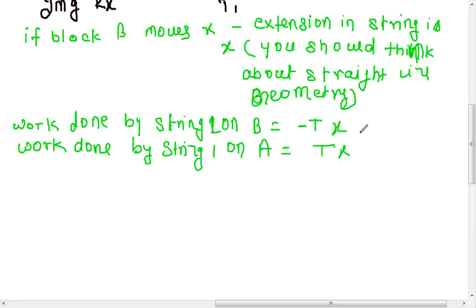So what is the net work done? The net work done by string 1 is the summation of this, so the net work done is equal to 0.